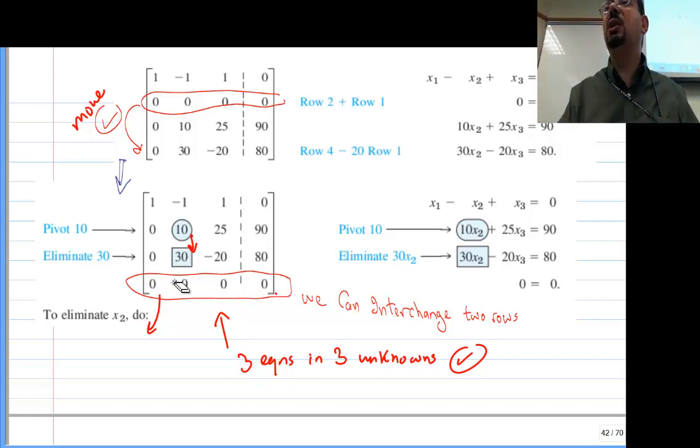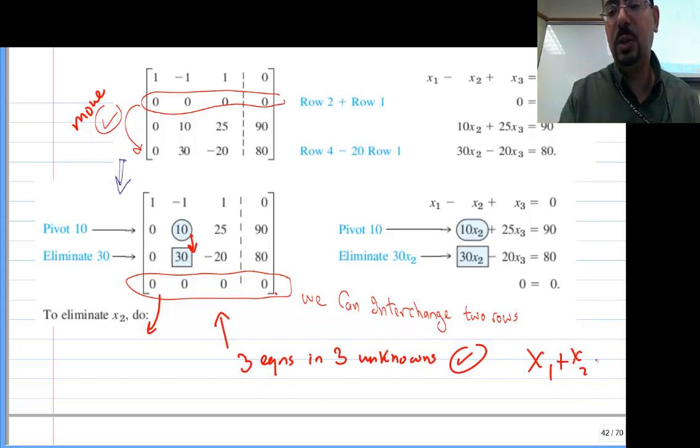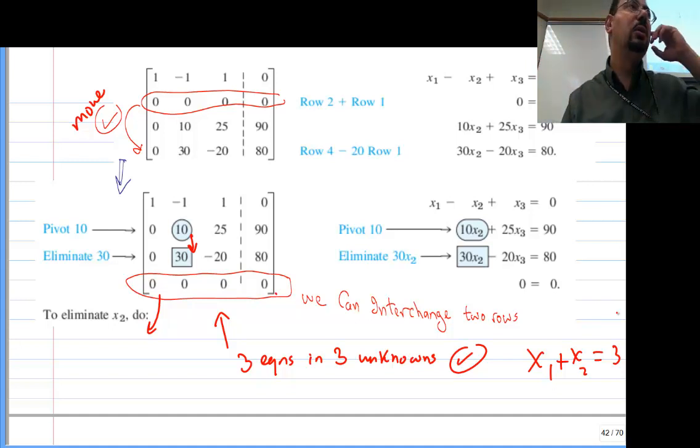It's the same scenario as when we said x1 plus x2 equals 5, or x1 plus x2 equals, say, 3. 2 equations, 3 unknowns. What's the case? Infinite number of solutions. Right? Very good.